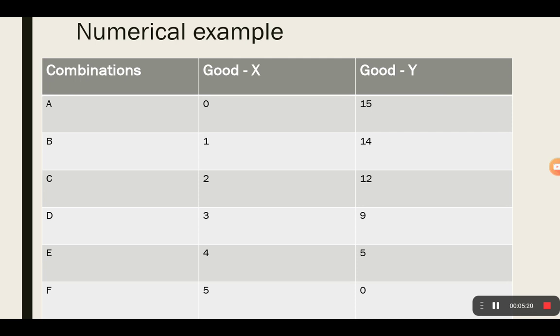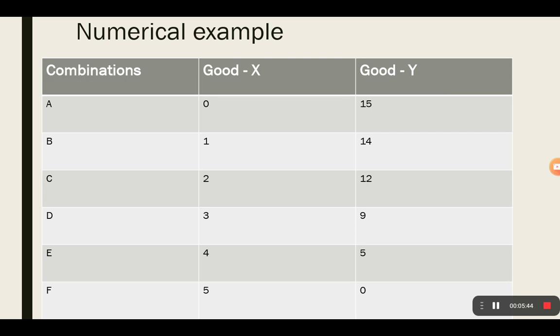In the next two combinations, E and F, we see that we are increasing the production of good X from 4 to 5, whereas in good Y we are first sacrificing 4 units, from 9 to 5, and then 5 units, from 5 to 0.